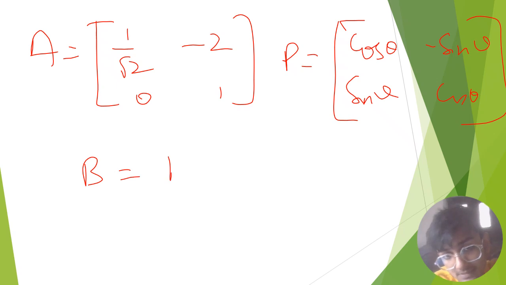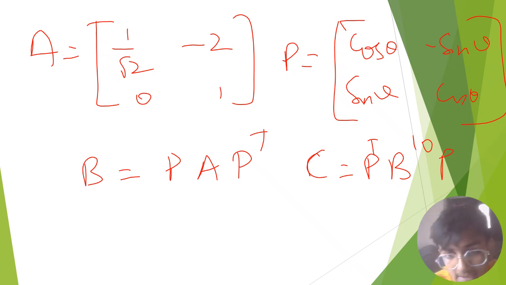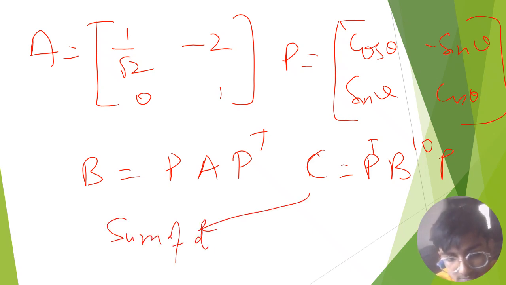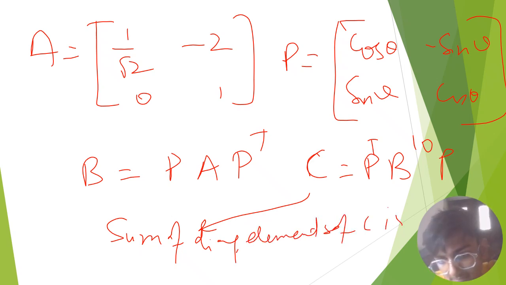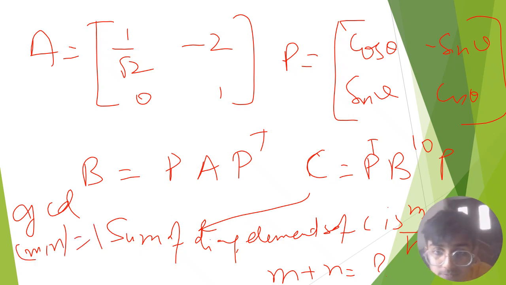A matrix B is given to you, that is in PAP transpose form, and we have to find A. Also it is given with the C matrix, that is P transpose B power 10 P, and the sum of diagonal elements of C is m by n. We have to find m plus n, and also the greatest common divisor of m and n should be 1. Okay, so how to proceed with this?